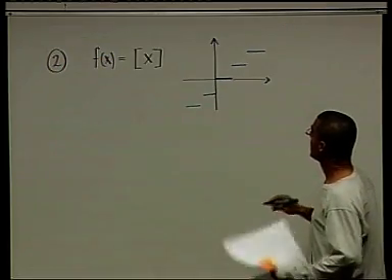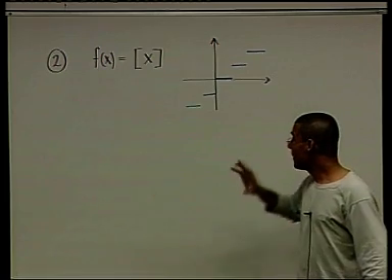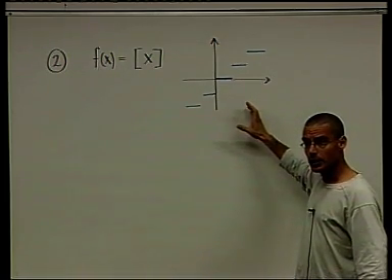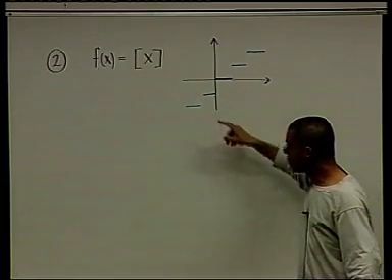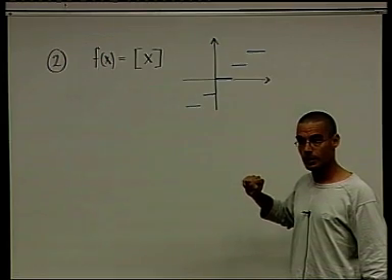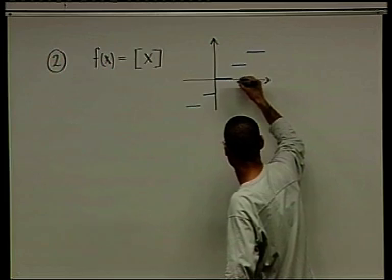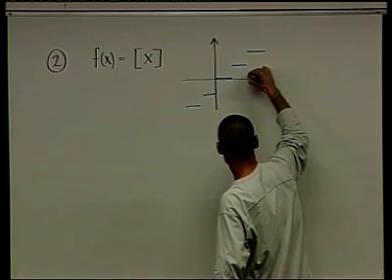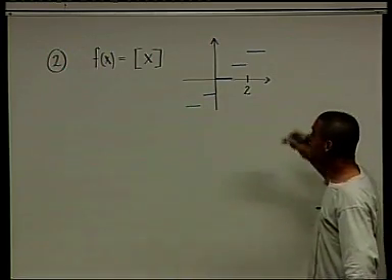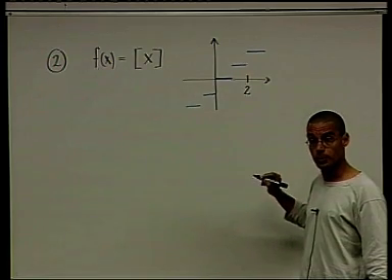Okay? By intuition, at what point do you think that this function will not have a limit? The integers. Right, the integers. So whenever you take an integer, for example, let's take 2 here. This is 2. This function is not going to have a limit when x approaches 2.